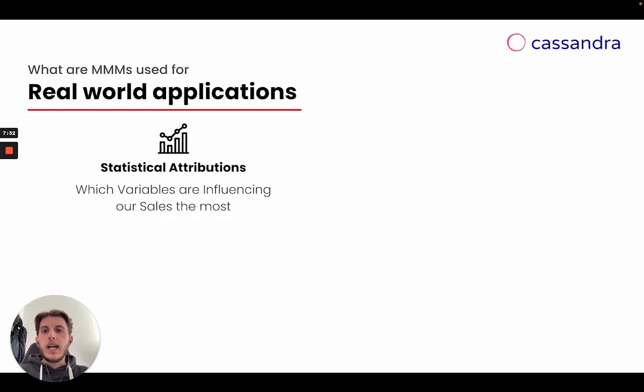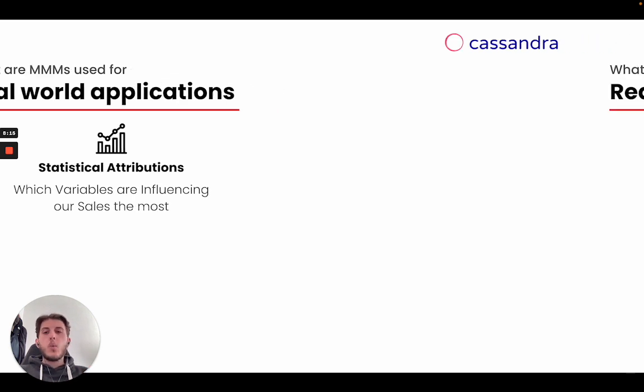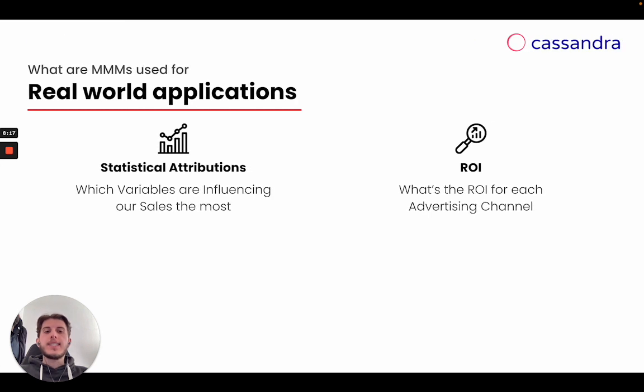And specifically, there's more to the statistical attribution. In fact, there are many things that marketing mix modeling can help us with. Besides the statistical attribution, which basically tells us which variables are influencing our sales and by how much, we can understand exactly what the ROI is for each advertising channel.